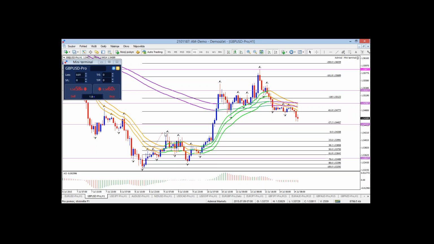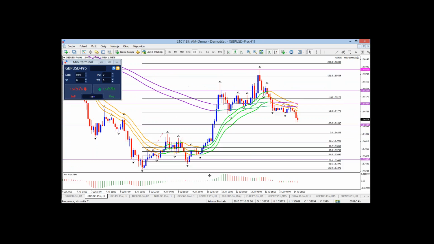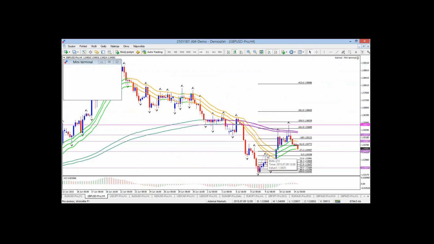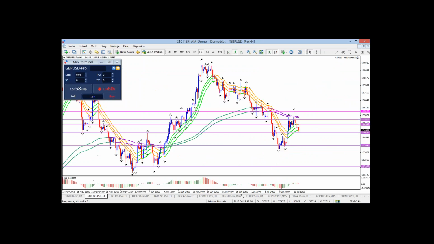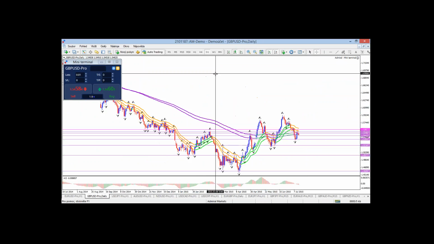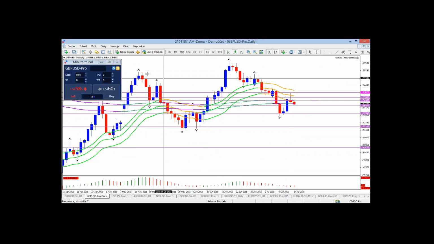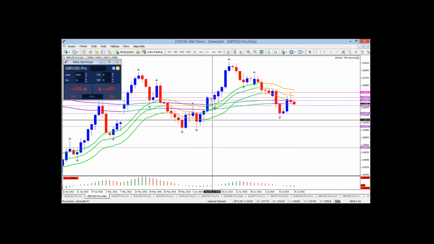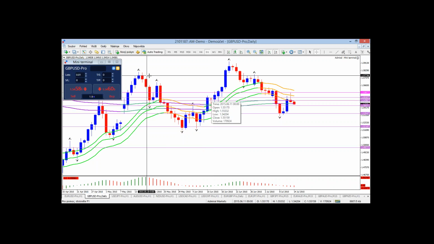Or an oscillator turnaround. Let's see. Here we were making a retracement, and the third green bar here was this candle, which is basically indicating that this downside is over.